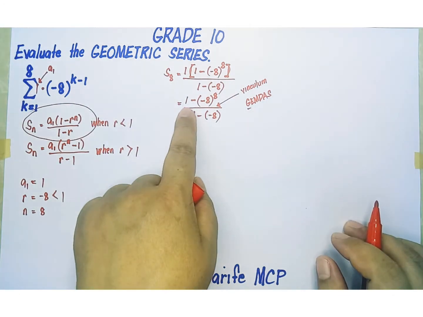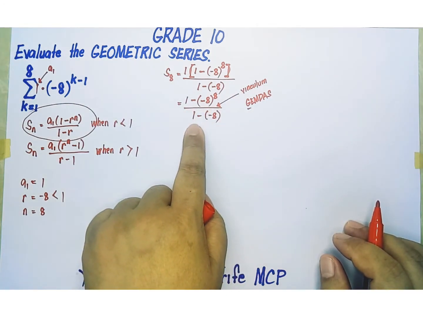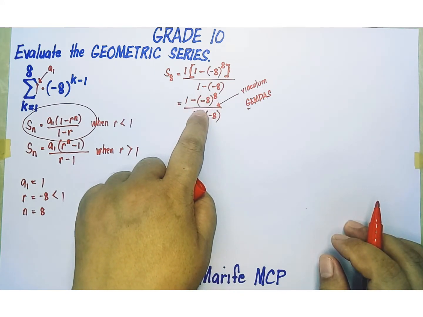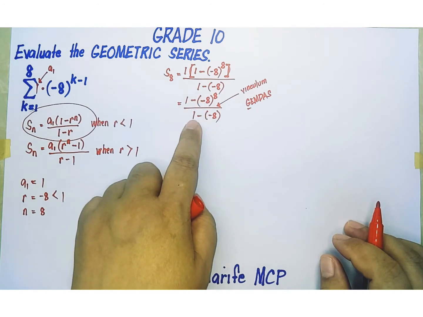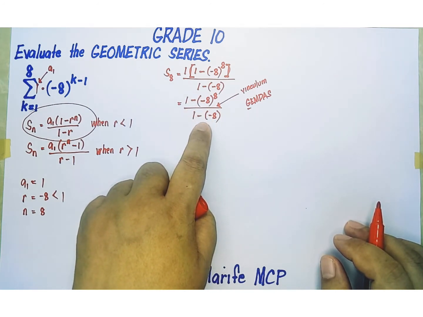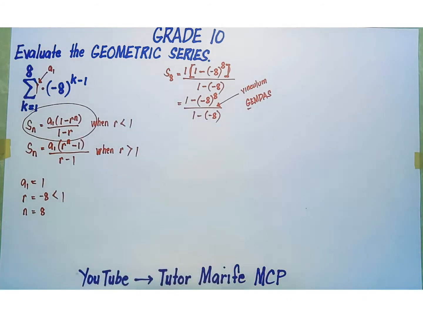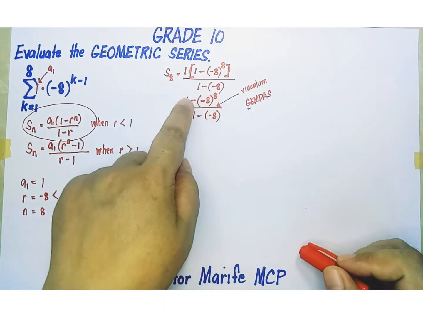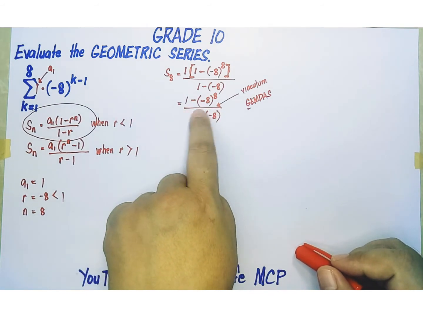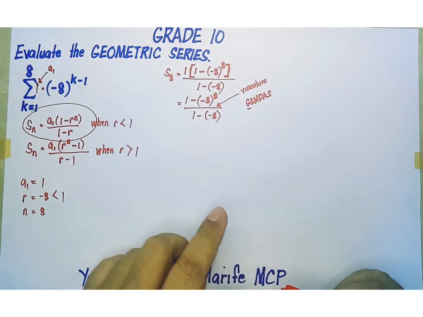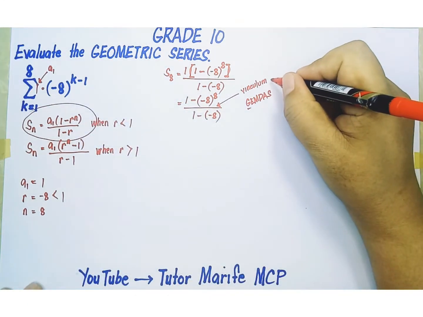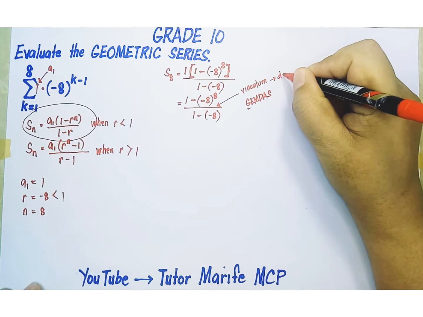So, since this is a grouping symbol, if there is operation on the top of the vinculum and another operation at the bottom of the vinculum, i-perform mo muna. So, you simplify both the numerator and the denominator before you can divide. Kasi fraction bar or vinculum is also a symbol for division.